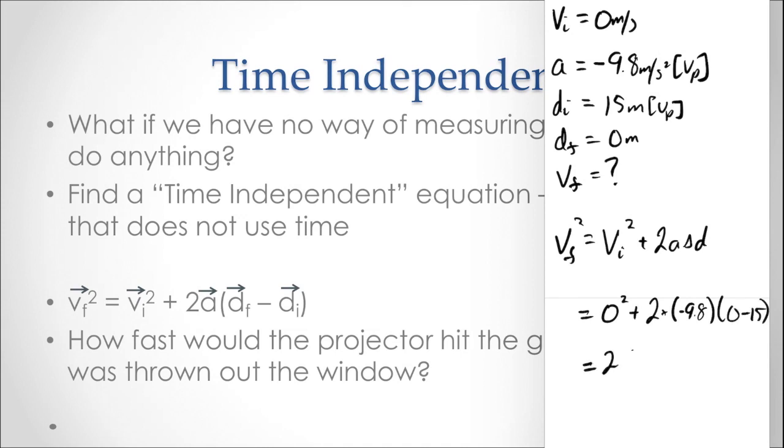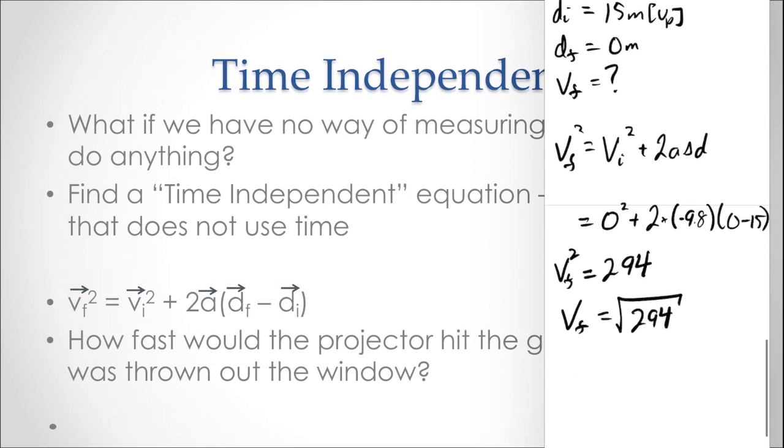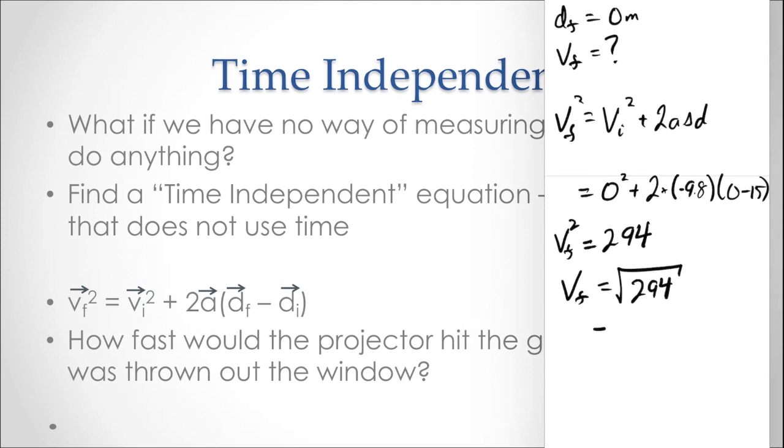This gives us 294 as our answer. But be careful, this is not our final velocity. This is our Vf squared. To find our final velocity, we must take the square root of 294. Taking the square root of this number, we find our final velocity will be 17.146, or given our sig figs, this will be equal to 17 meters per second down.